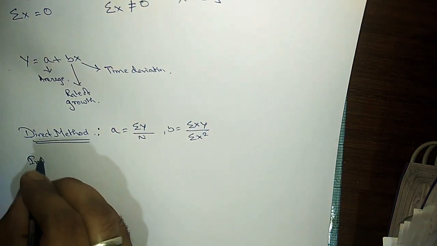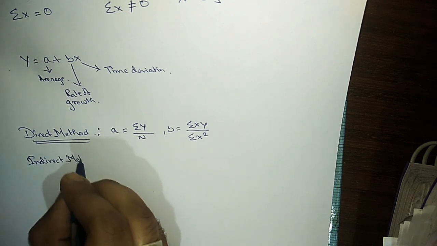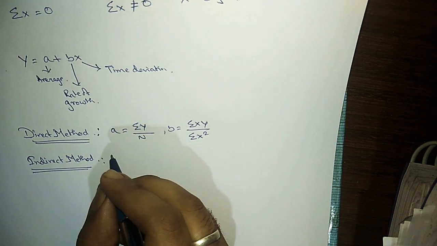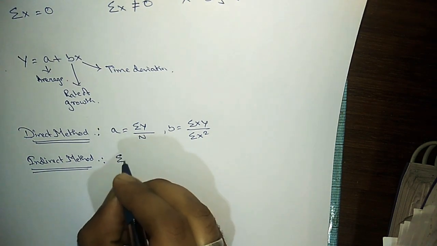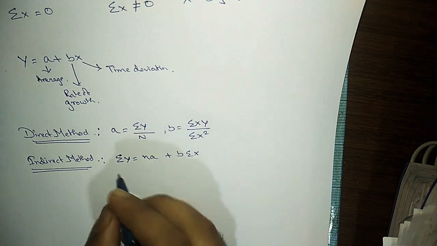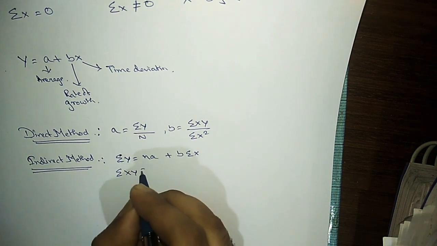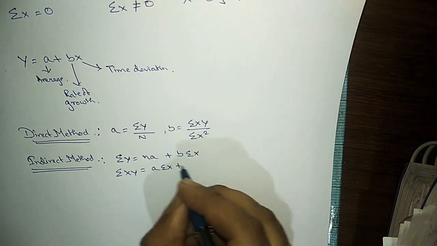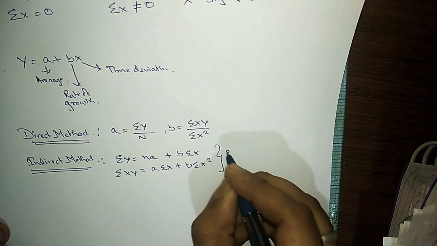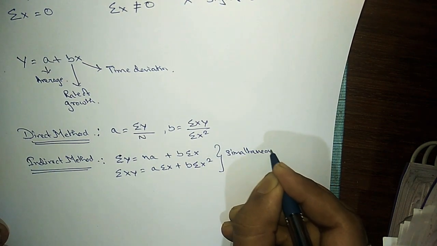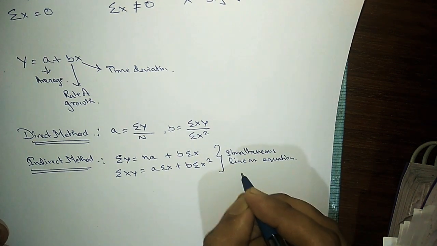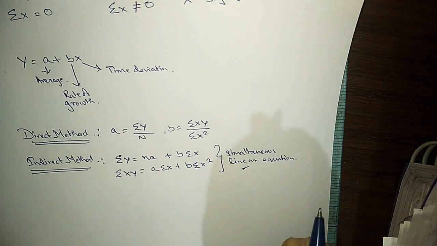But in case of indirect method, the formula goes: summation y equals na plus b summation x, and summation xy equals a summation x plus b summation x square. Here you have to use simultaneous linear equations and solve the values of a and b.